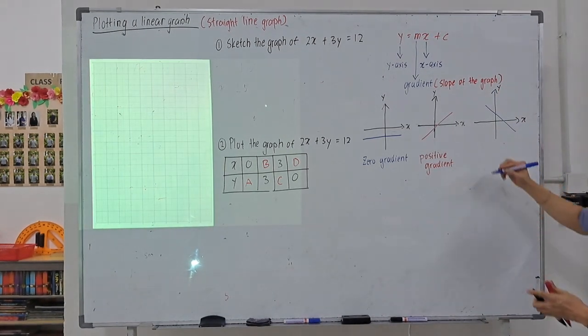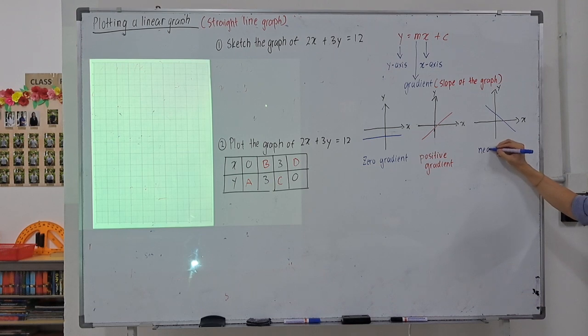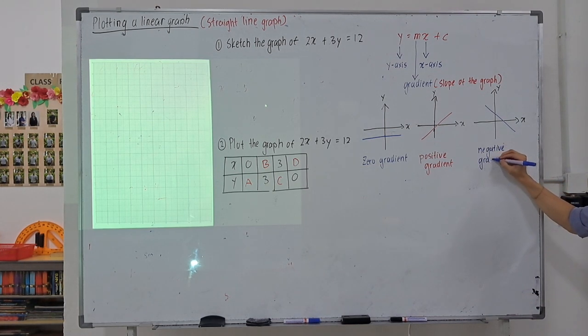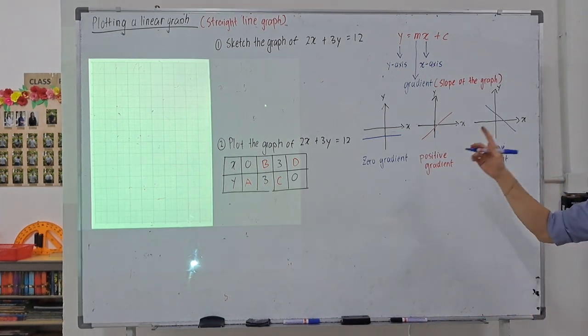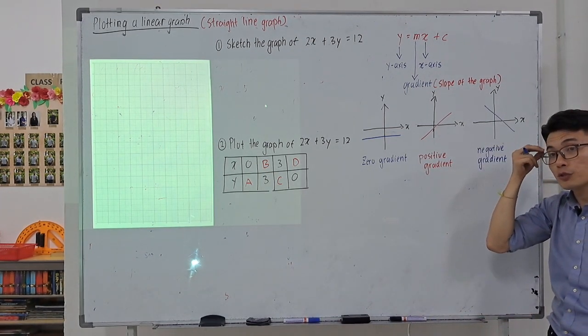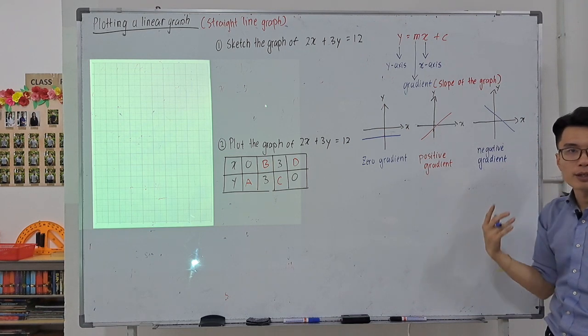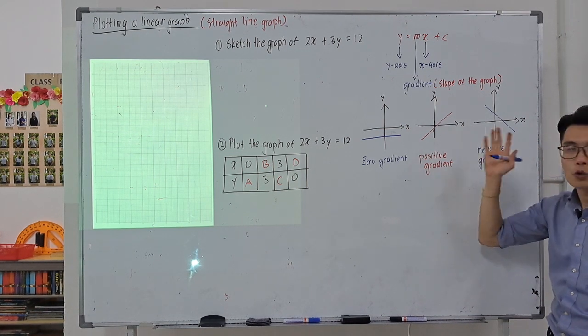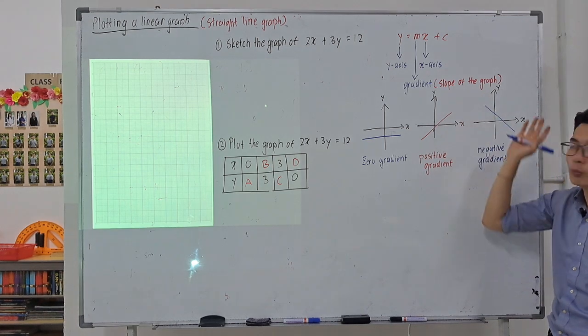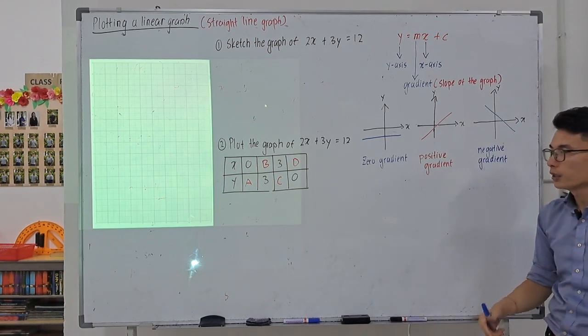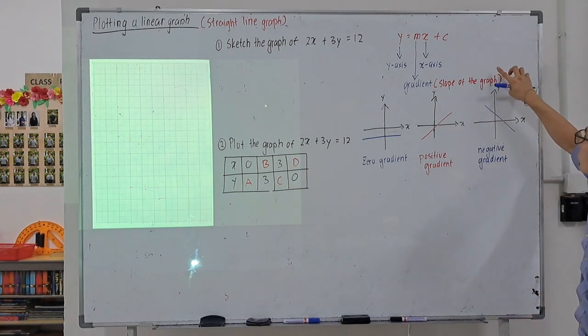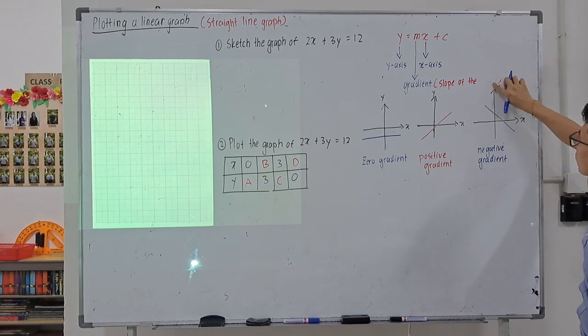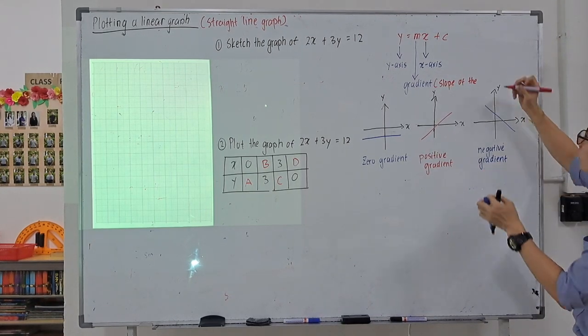So we call this a negative gradient. Okay, all right. So I hope that this diagram will help you understand how gradient looks like. It's basically the slope of the line graph. I think I should put it as the line graph so you can understand better.